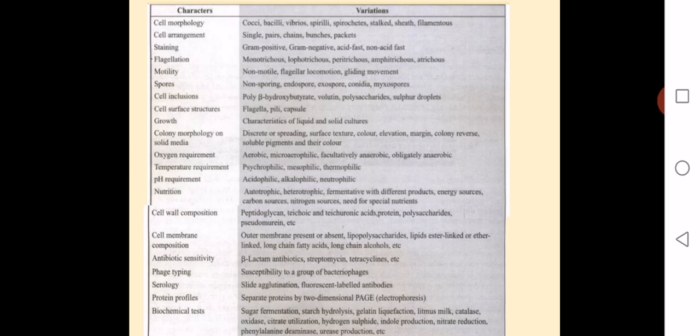So all those features could be studied, and according to the data obtained, we can categorize organisms into different groups. All right. So this is phenotypic or phenetic classification.